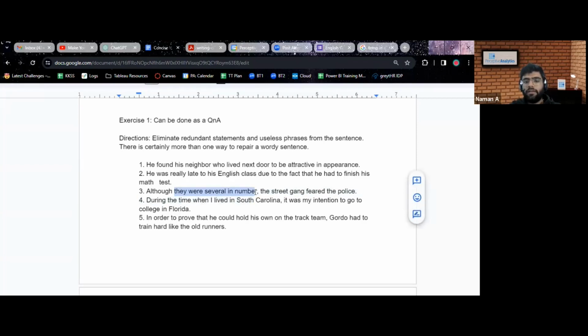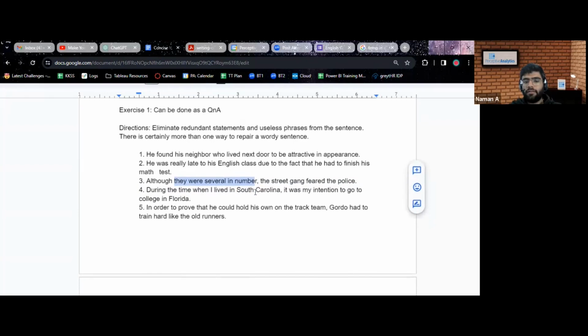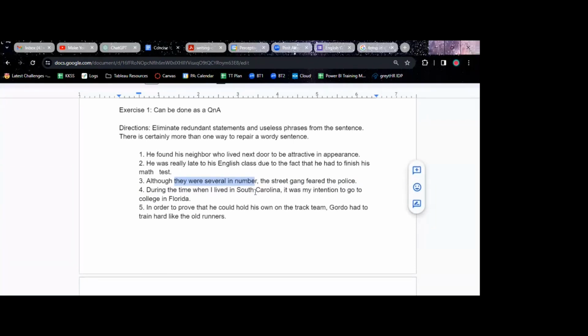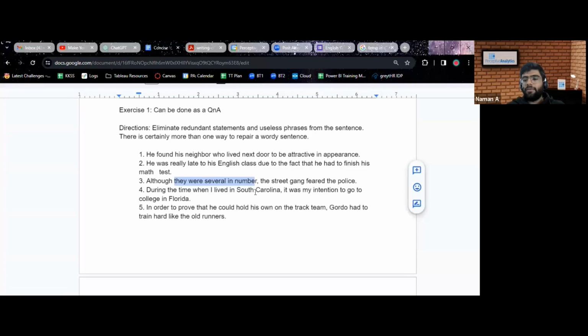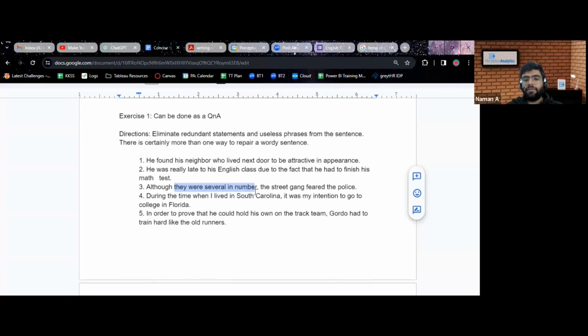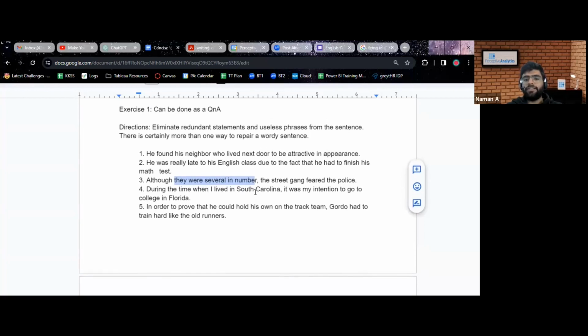Any other ideas? Despite being in large numbers, that is also one way of writing. Correct, but because we are trying to remove words, being large in number is a little similar to being several in number.